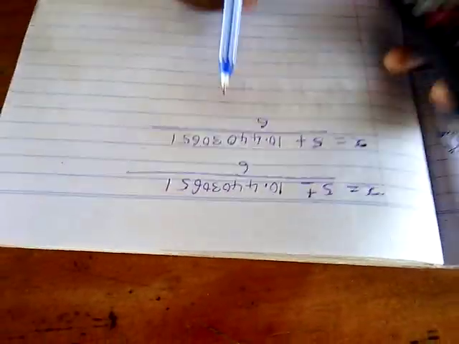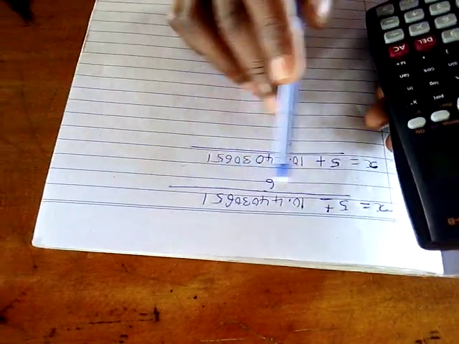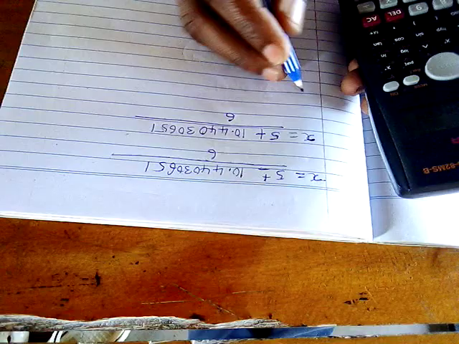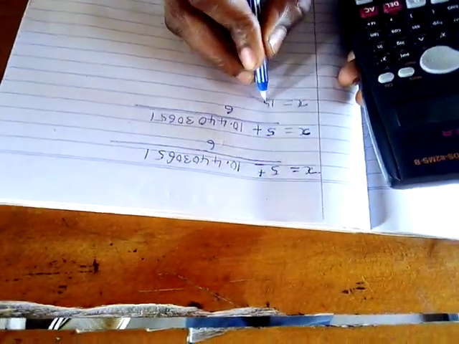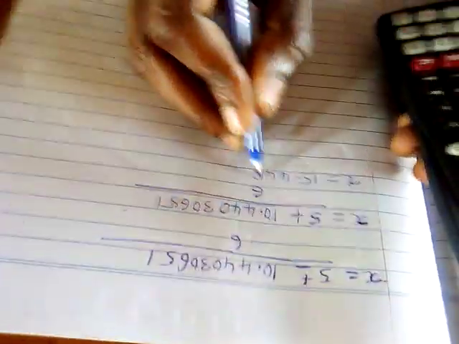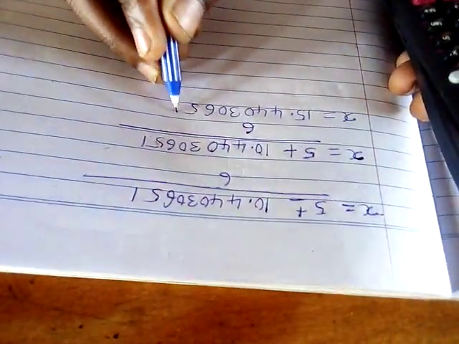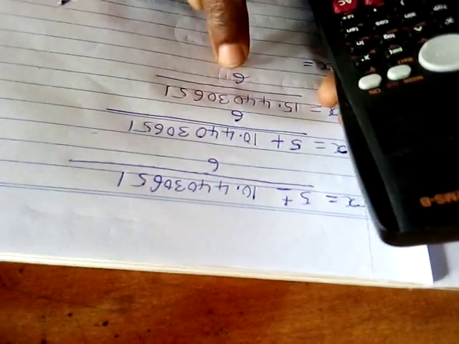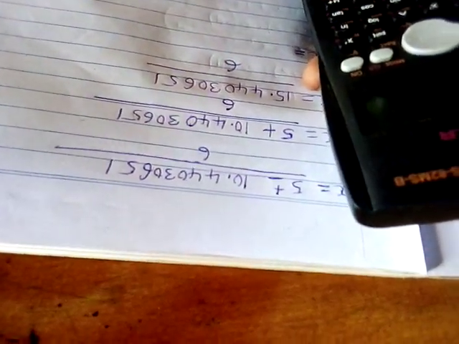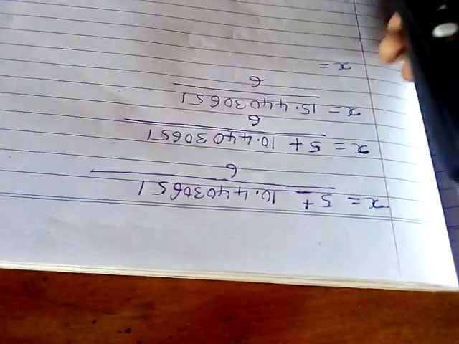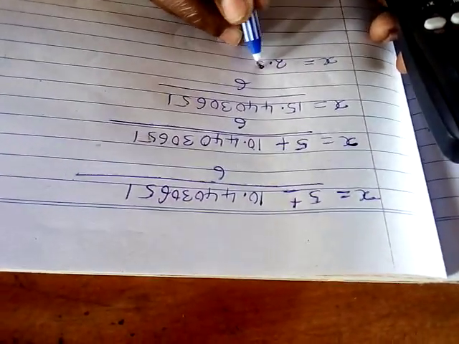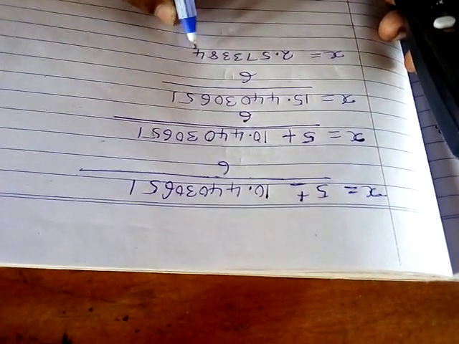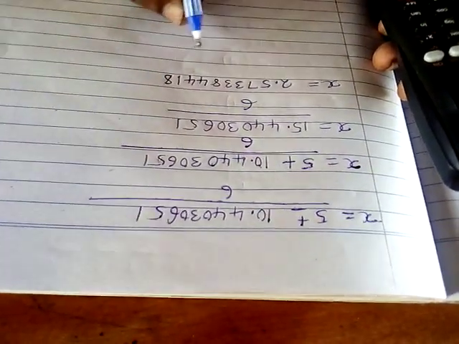So we get 15.44030651 over 6. So we divide this by 6. We get 2.573384418.